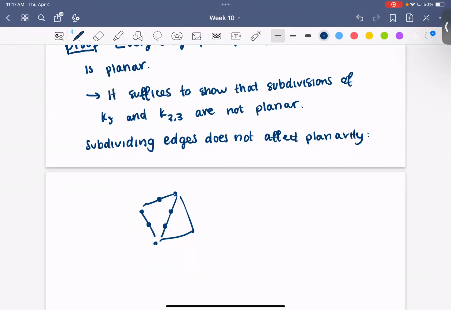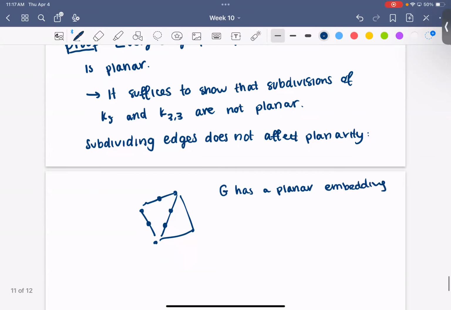So G has a planar embedding if and only if subdivided G has a planar embedding. Okay, does it make sense? Are there questions?